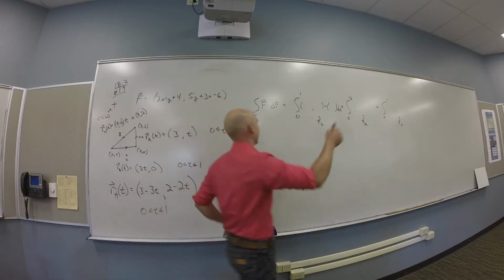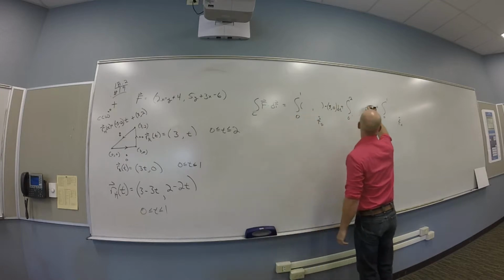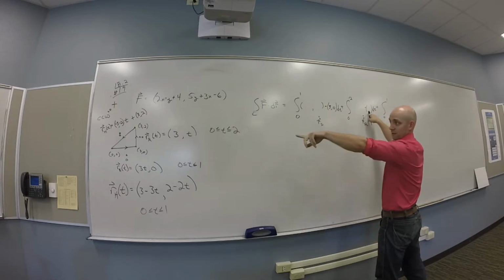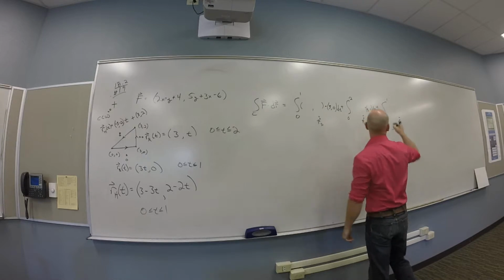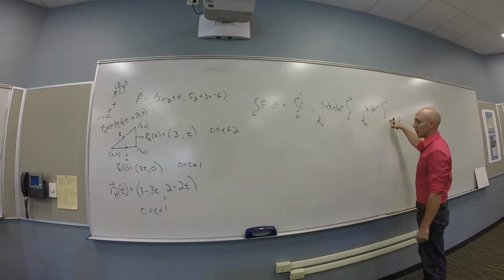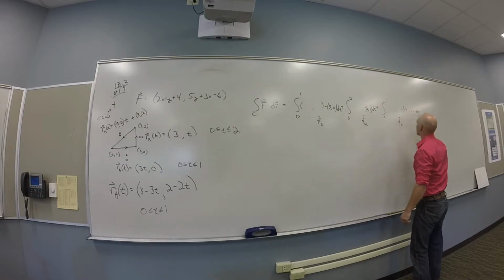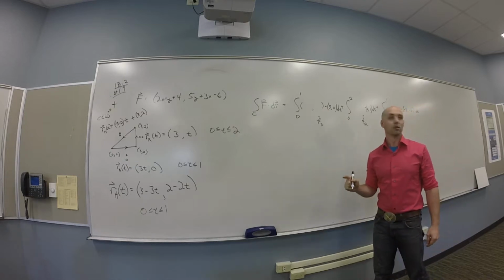The vector 3, 0. The one for r_a ought to be 0, 1. And the one for r_h ought to be -3, -2. Everybody good with those?